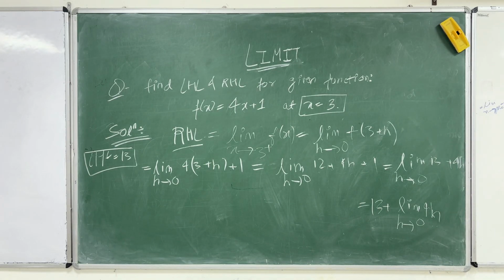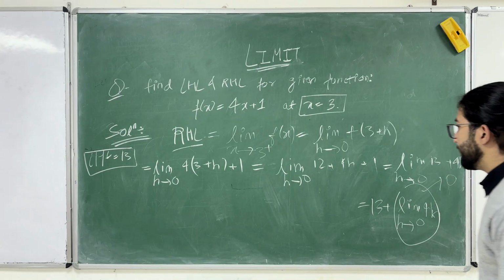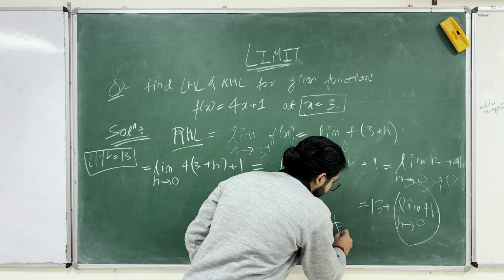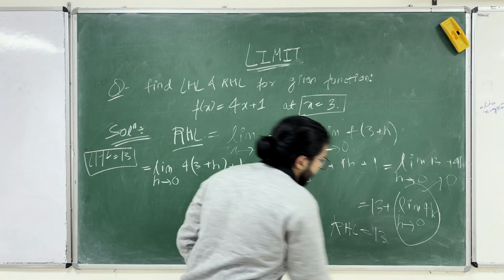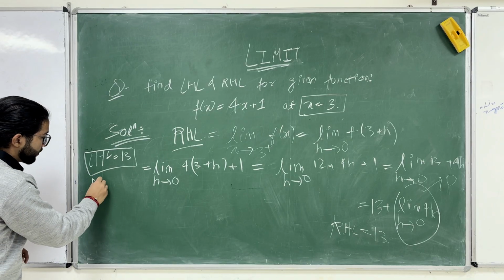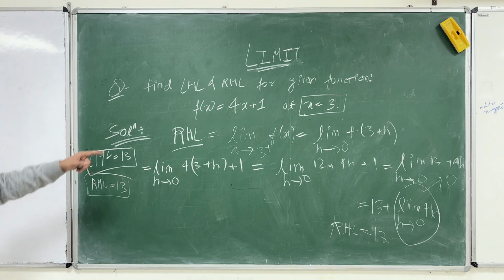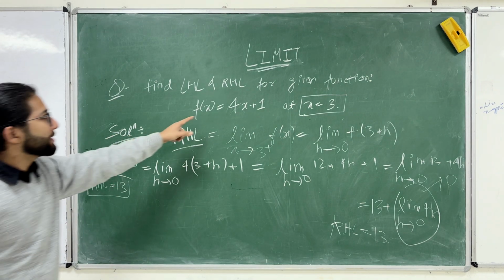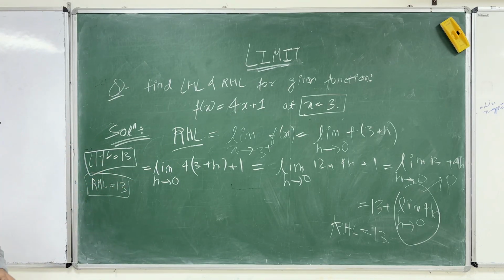As h is going towards 0, that value will become 0, and we can say our RHL will be 13. Now there we found LHL is equal to 13 and we also get RHL is equal to 13. So it's the answer for this question. LHL and RHL both are the same in that question and the value is 13.